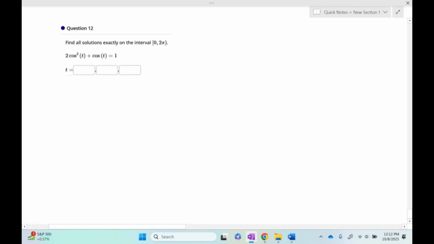So this should now read 2 cosine squared t plus cosine t minus 1 is equal to 0. And this is standard form.